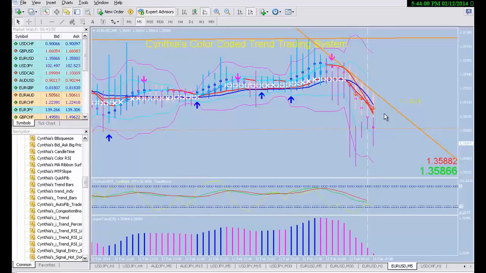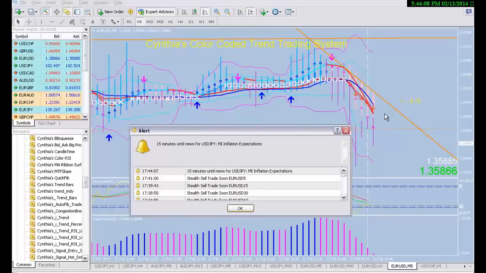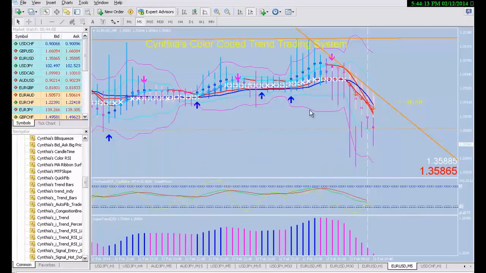So I think that personally you should get used to trading with Heikin-Ashi, especially if you don't want to be a nervous trader. And we have a news event coming up for the USD yen. But if you have to see a little bit better representation of the price, just drop the trend bars in here and keep the color intact but slightly different, so you can differentiate between the Heikin-Ashi and the trend bars.